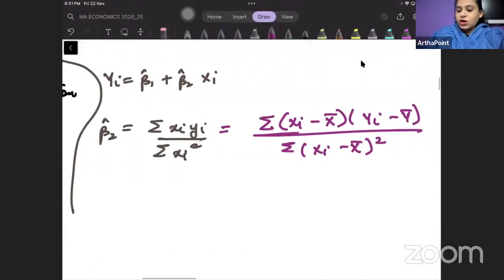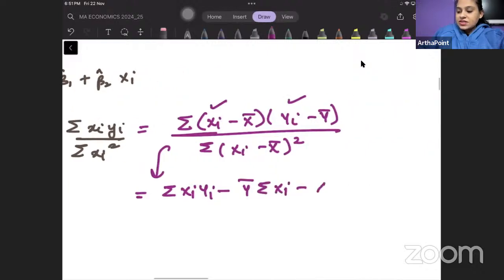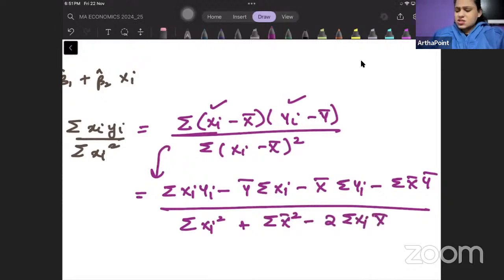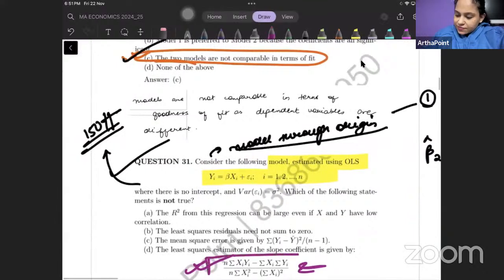This was the other formula that you had: summation xi yi minus y bar summation xi minus x bar summation yi minus summation x bar y bar, upon, you can just open the denominator also. Just do some changes here. Instead of mean, write summation y by n, take n common, you will get exactly this. So this is the formula in the deviation format.